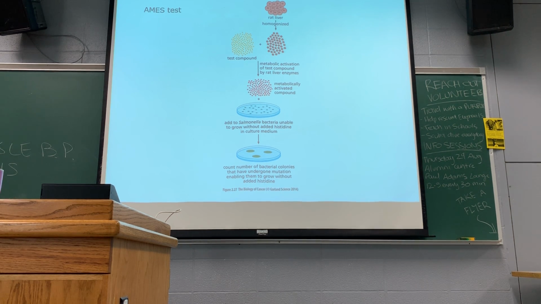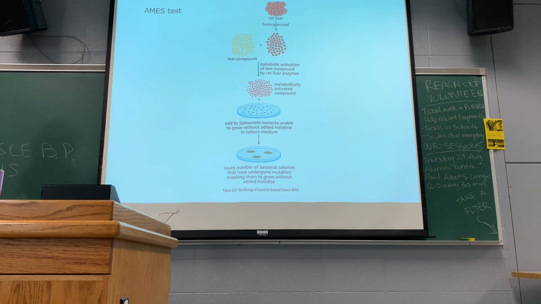So what they do for this assay is they add a rat liver where there is cytochrome P450, right? So they're providing the cytochrome P450 in this rat liver, and they mix that up with their test compound like benzo[a]pyrene or the apple seed, whatever. And then they add that to the bacteria and look to see if it's mutagenic.